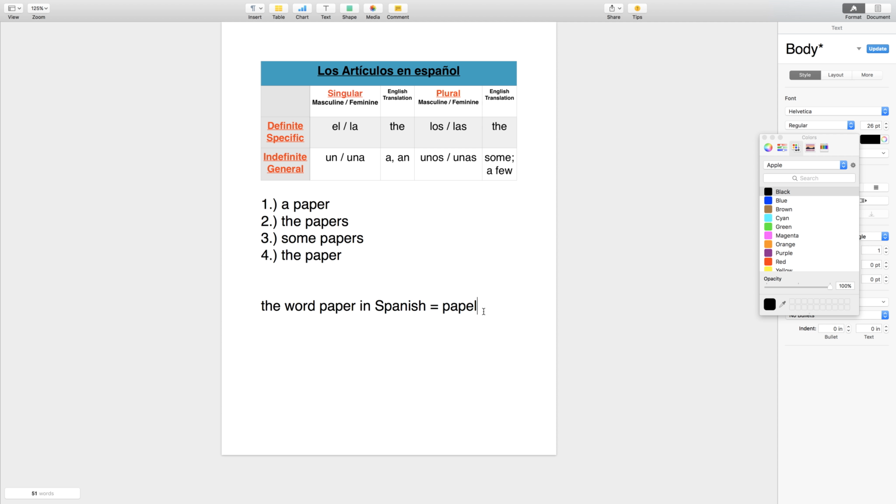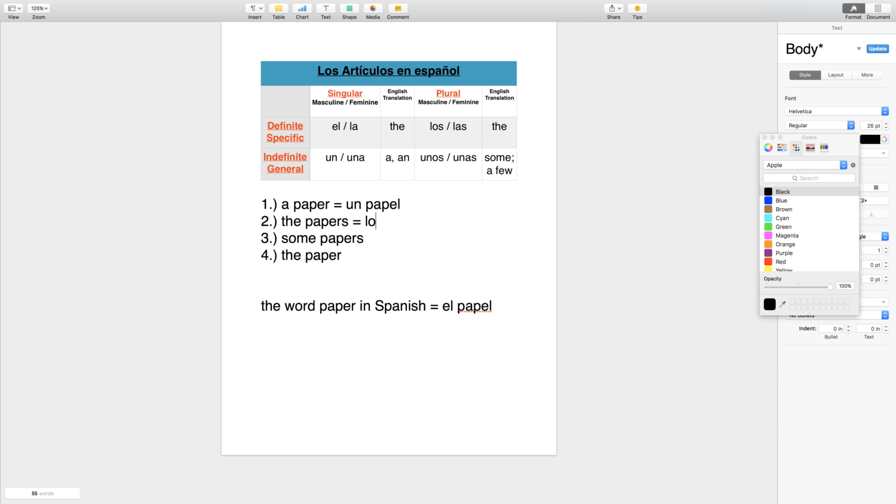We have to know if it's masculine or feminine just by looking at the book. Alright, this one ends with an L, so there's no indicator for us like there is if it ends with O or A. So this is actually going to be a masculine word. It's just the way they do it in Spanish. El papel, the paper. So this is one paper. We use the masculine form. Un papel, a paper.